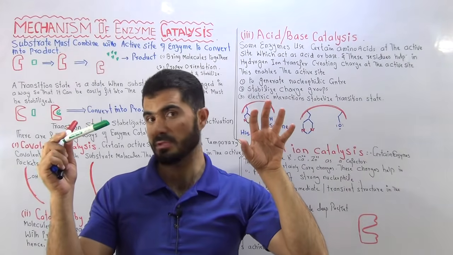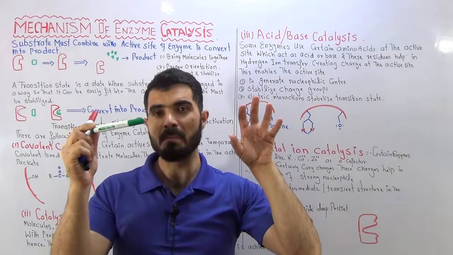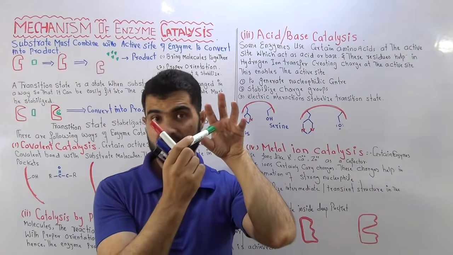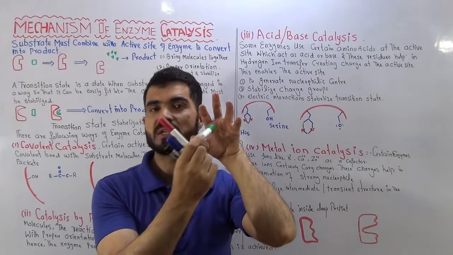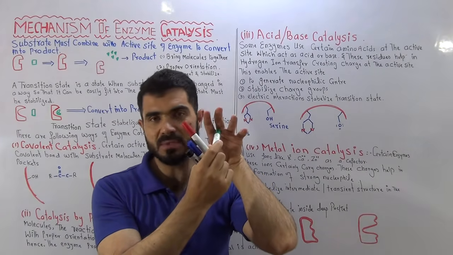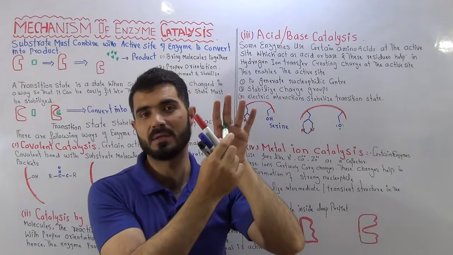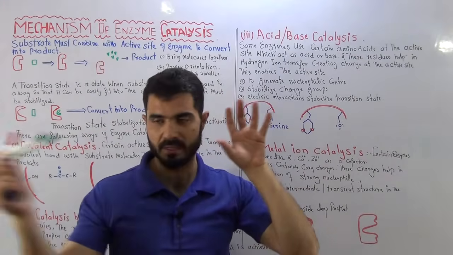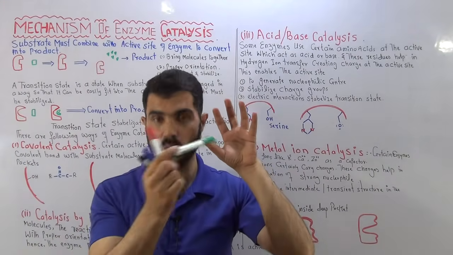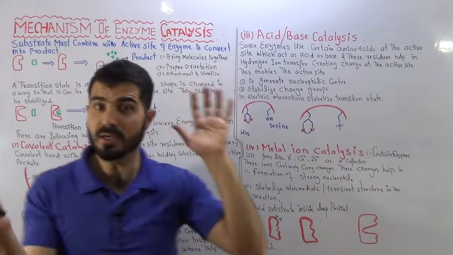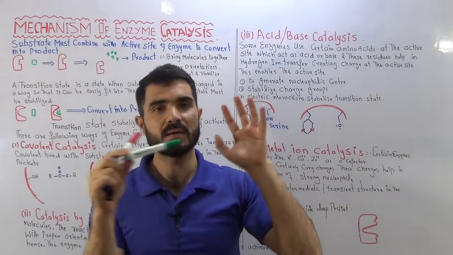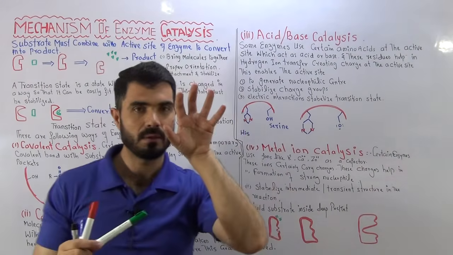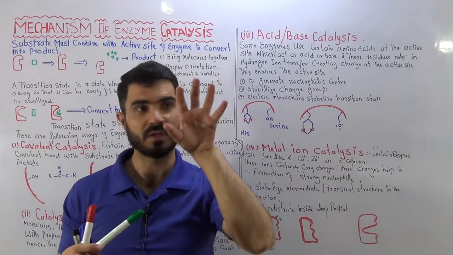In order for the reaction to take place, the substrate must come closer to the active site of the enzyme so that the substrate attaches. Without attachment, product formation is impossible. So the first thing is the substrate must come close together. If it is far away from the enzyme, it must come close. Number one. Number two, once the substrate comes close, it must attach with the active site of the enzyme.